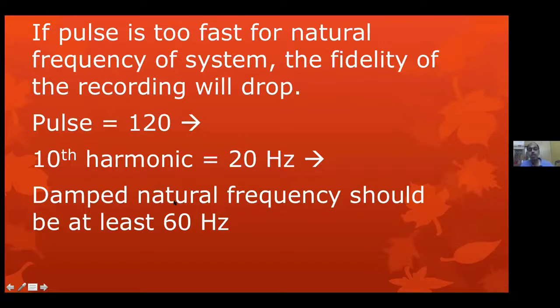So now the damped natural frequency that is needed for us should be at least 60 Hertz. Or in other words, if I want to record a particular frequency, I need to have a transducer which is able to have a damped natural frequency of 3 times the 10th harmonic.